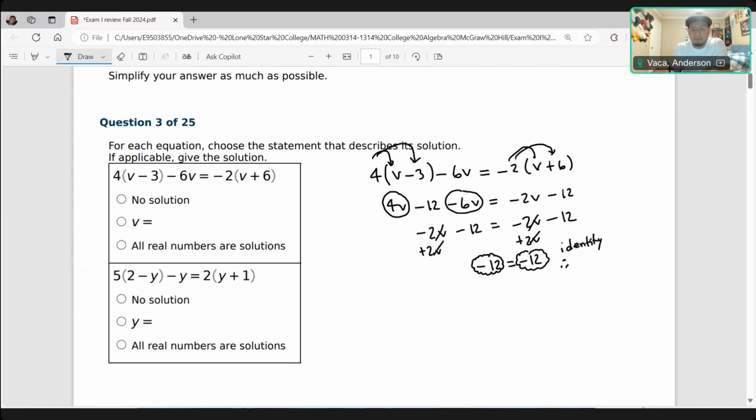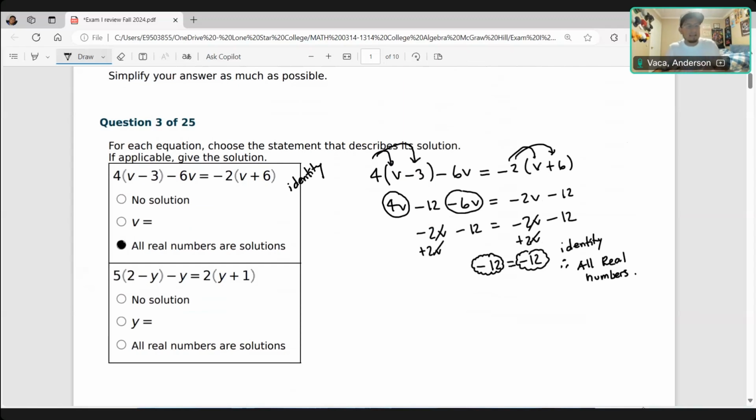Therefore, this equation has solution set all real numbers. So this example happens to be an identity. So let me just write the word here, identity. It is an identity, and therefore, since it is an identity, its solution set is all real numbers.